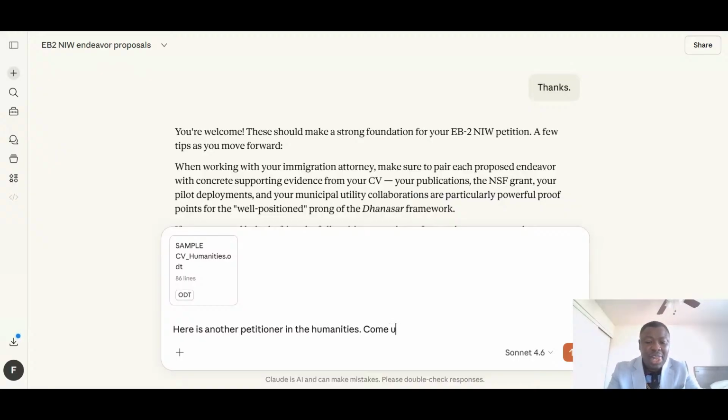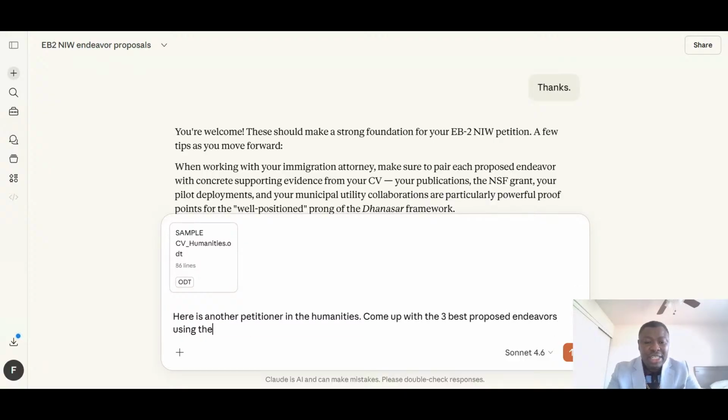Come up with the three best proposed endeavors using the same framework as before.